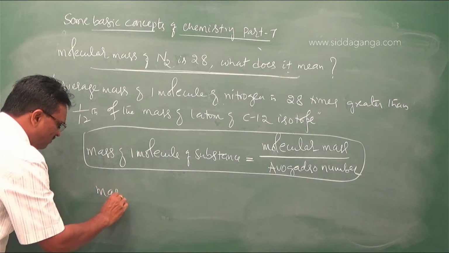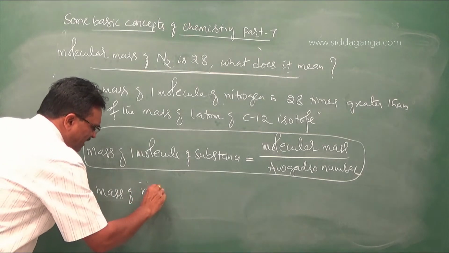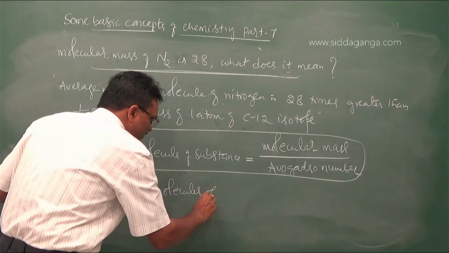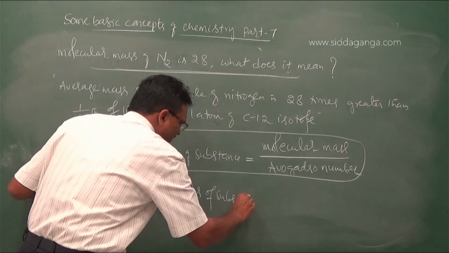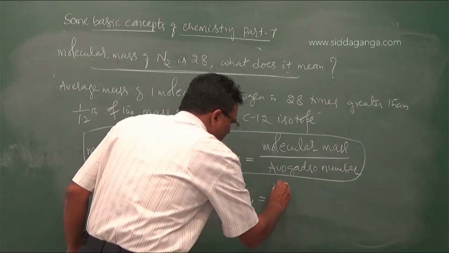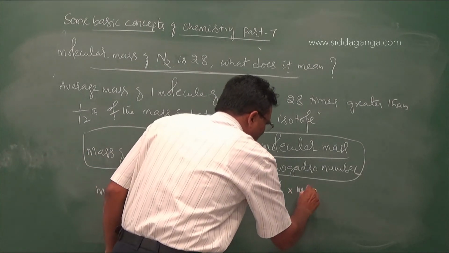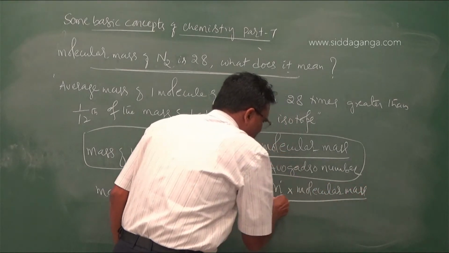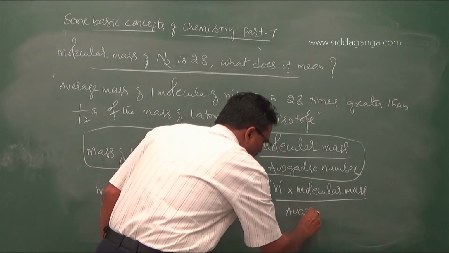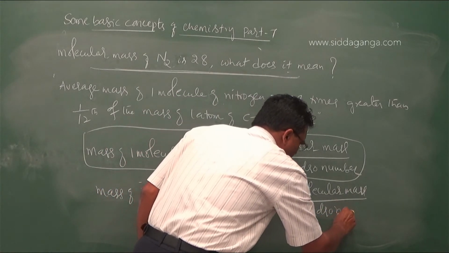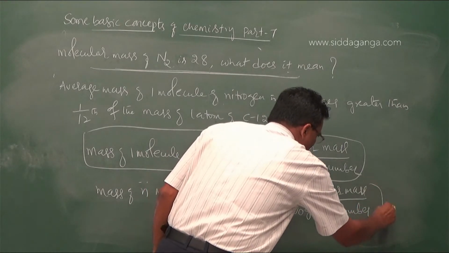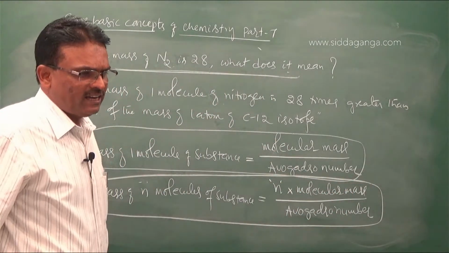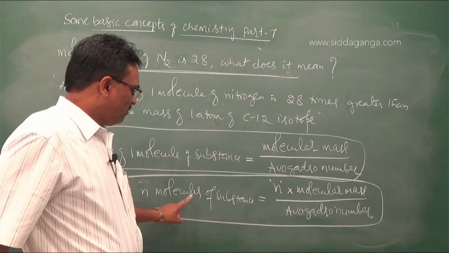Similarly, the mass of n molecules of a substance is equal to n into molecular mass divided by Avogadro number. Clear? This is the mass of n molecules of a substance.